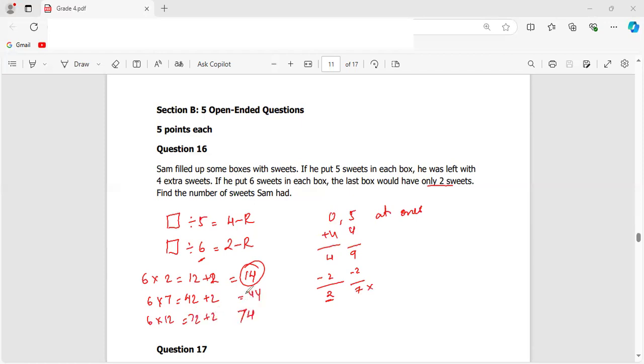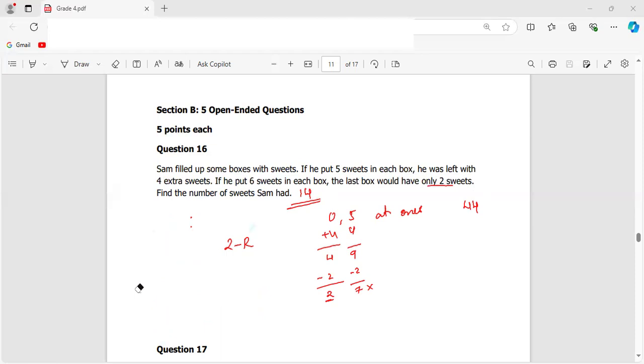So all these numbers, 14, 44, 74, or you can do 6 into 17, 22, 27, 32. It'll work for all those numbers. But as per the solution key, they have given the number 44, but 14, 74, all these numbers are also correct. The number of sweets Sam had could be 14, 44, 74, 104. Any of these options are possible.